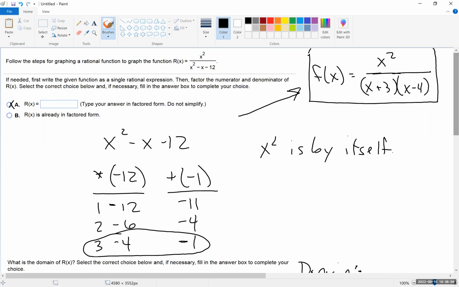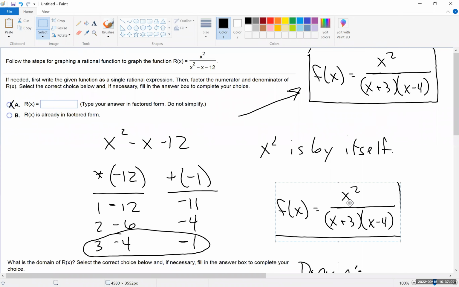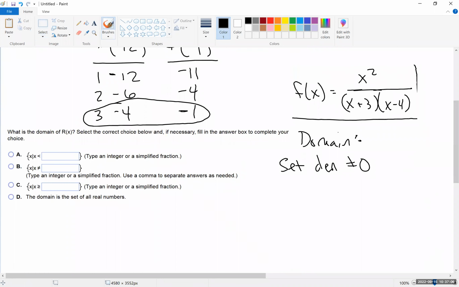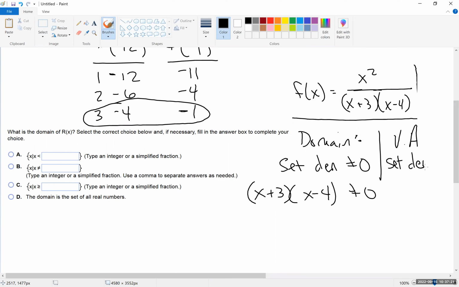So you set your denominator, and I'm going to copy this and paste it to move it along with us. Our domain then is you set the denominator not equal to 0. x plus 3, x minus 4 cannot be 0. When you find the vertical asymptotes, you set the denominator equal to 0. So they're complements of each other.